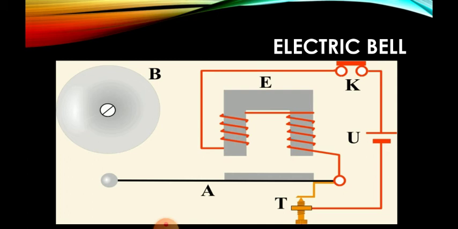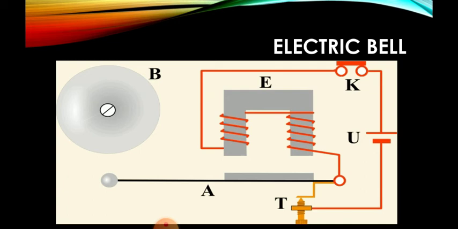And at the end of that iron strip you can see a round structure, that is nothing but a striker. Fine. Then B stands for a bell or a gong. Then E is nothing but an electromagnet. Now that you have learned how to make an electromagnet, this is how it is fitted inside the electric bell.